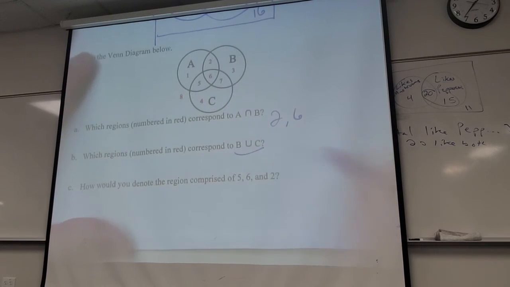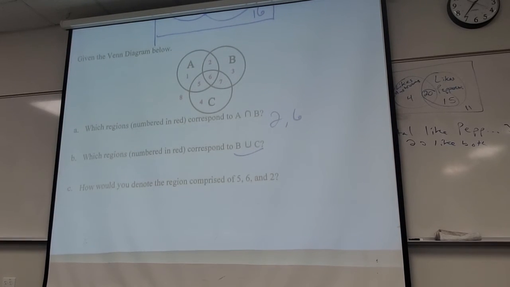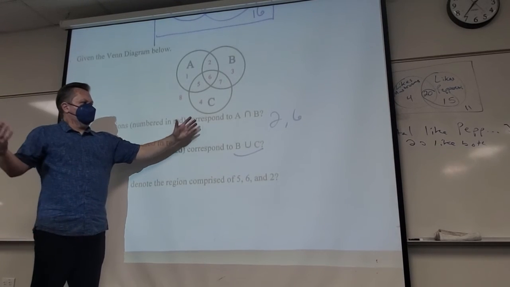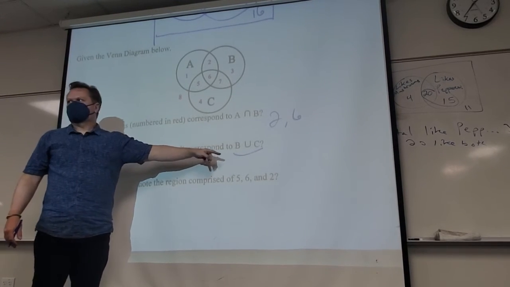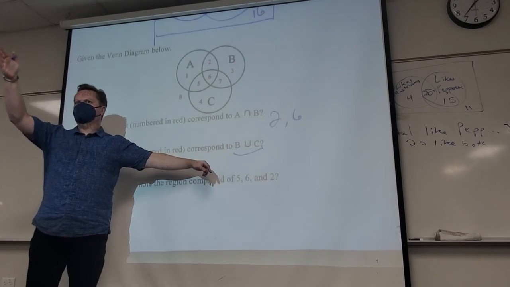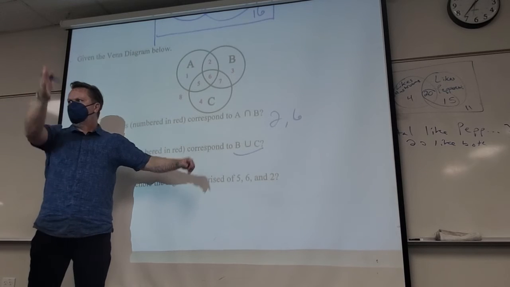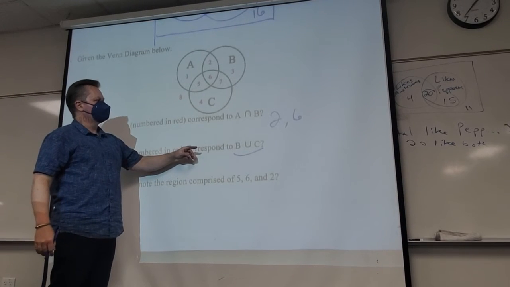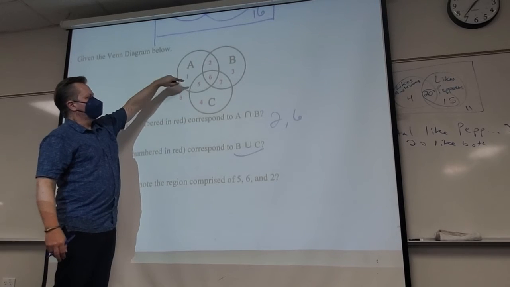What about the next one? How do you say that appropriately? B or C. So is that going to be more or less regions than we listed here? Probably more, because or almost always leads to more. Right? It's awesome how they rhyme. So what about B or C?